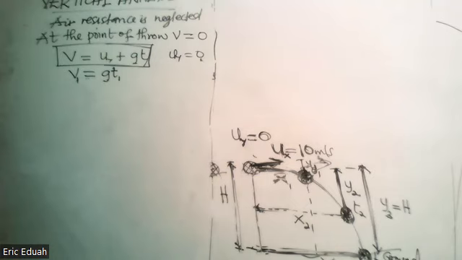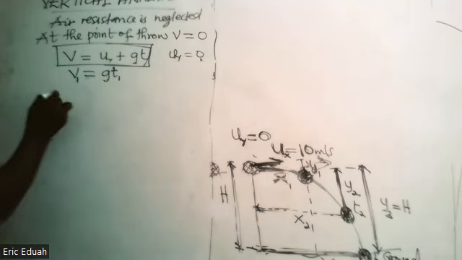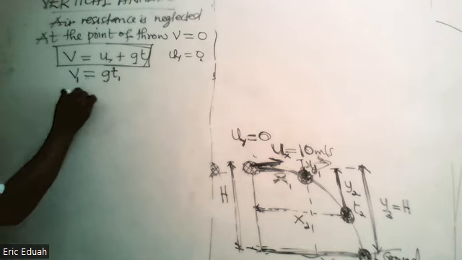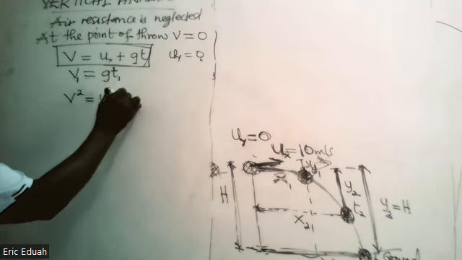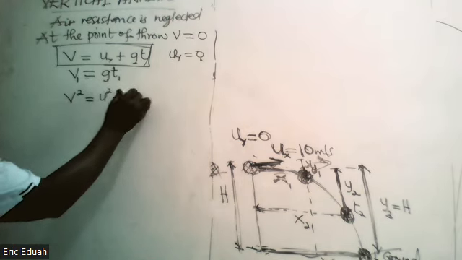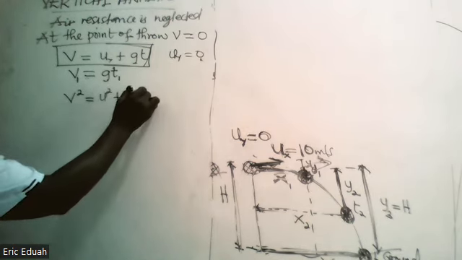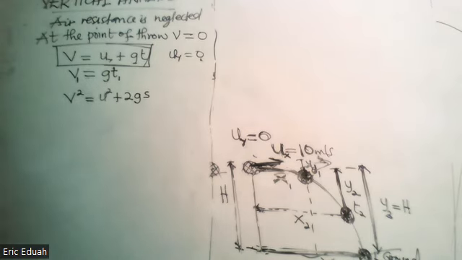Are we okay? Yes, please. We can also use V squared is equal to U squared plus 2GS to find the same velocity.